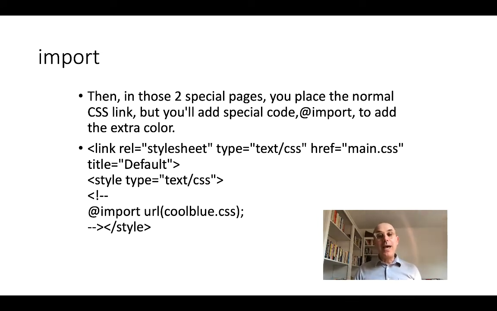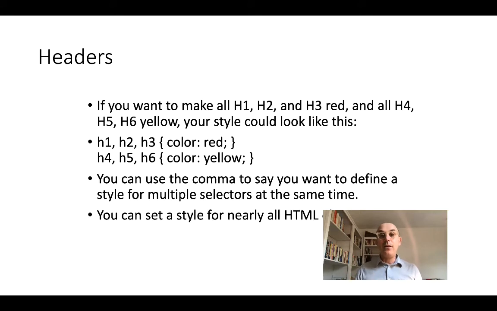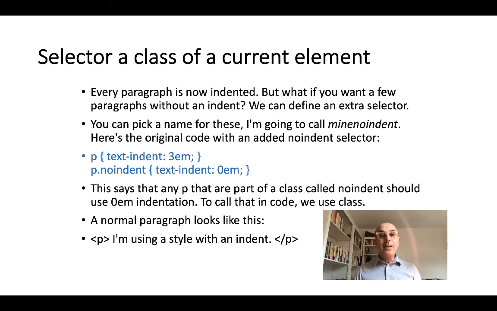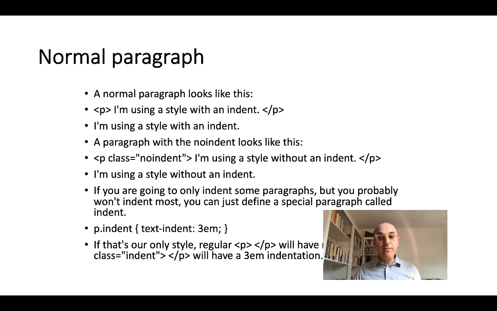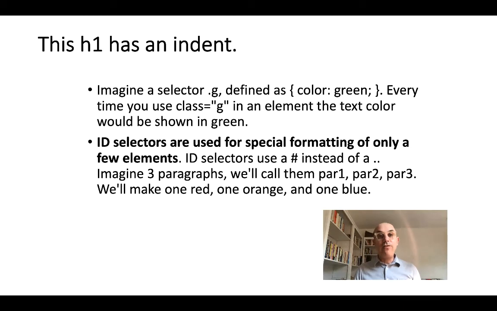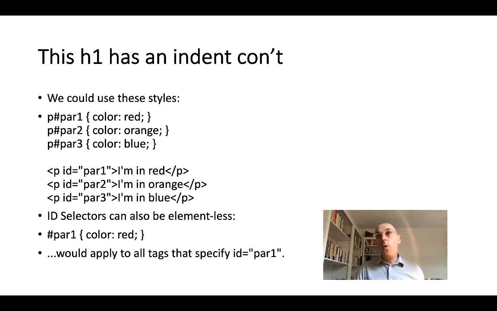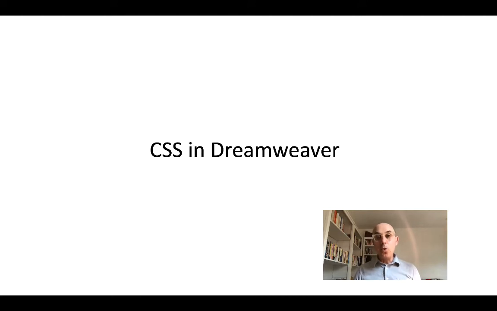So you use import and you're going to add another text. Headers are the same thing, with the ability to apply it in the current environment. Normal paragraph is probably the standard way for us, and I want you to go over that and read it so you will have a sense of what it is.